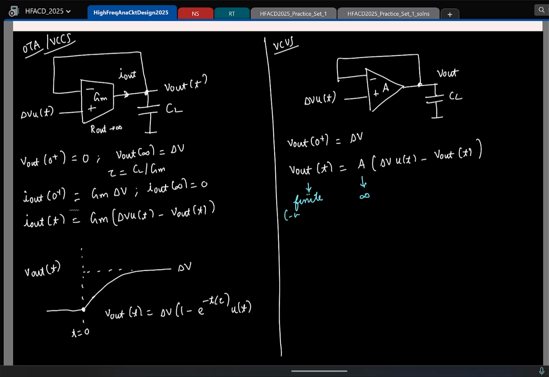Because we have negative feedback, the difference at the input should tend to zero, which means V out of t will be exactly equal to delta V u of t. So if I were to sketch it now, V out of t will look like this.